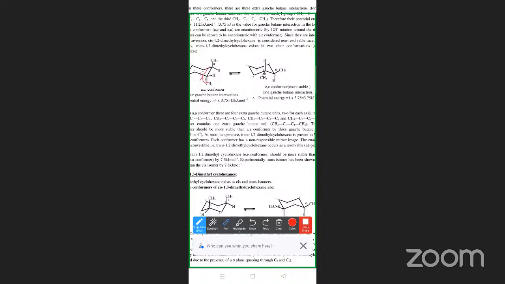This CH2 and this methyl, this is CH2 and CH3, this is bridge carbon, and this one, they are gauche, okay? And for this also, these two, okay, are in gauche interaction, right?